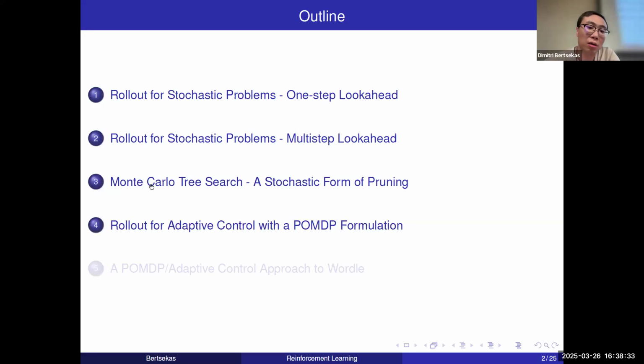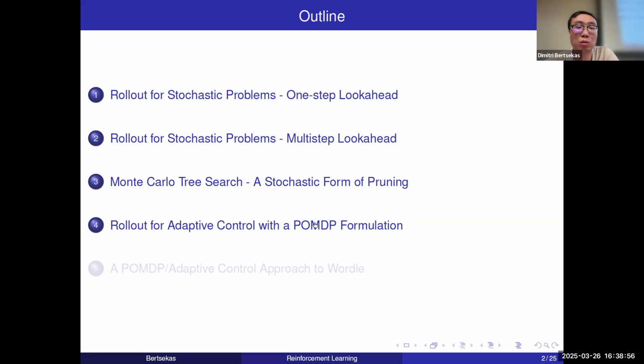And after that, we're going to talk about a different kind of problem, which is the adaptive control problem, where we formulate the problem as a POMDP. In this particular context, the expectation can be computed exactly.